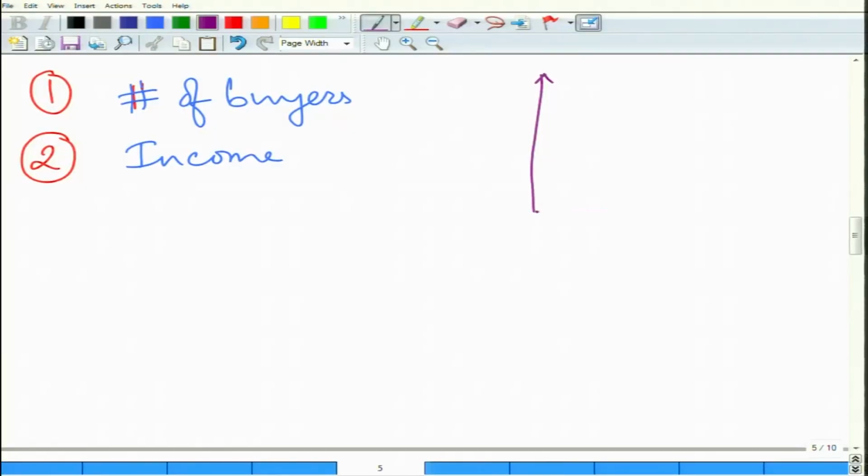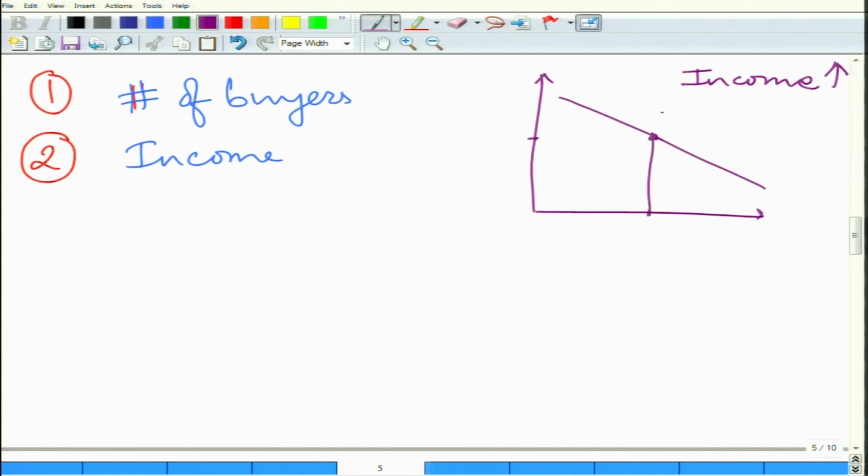Similarly, the price remains the same, my income increases, the demand for the commodity may increase, right? So what we can observe is that, price remaining the same, if my income increases, I can afford more.